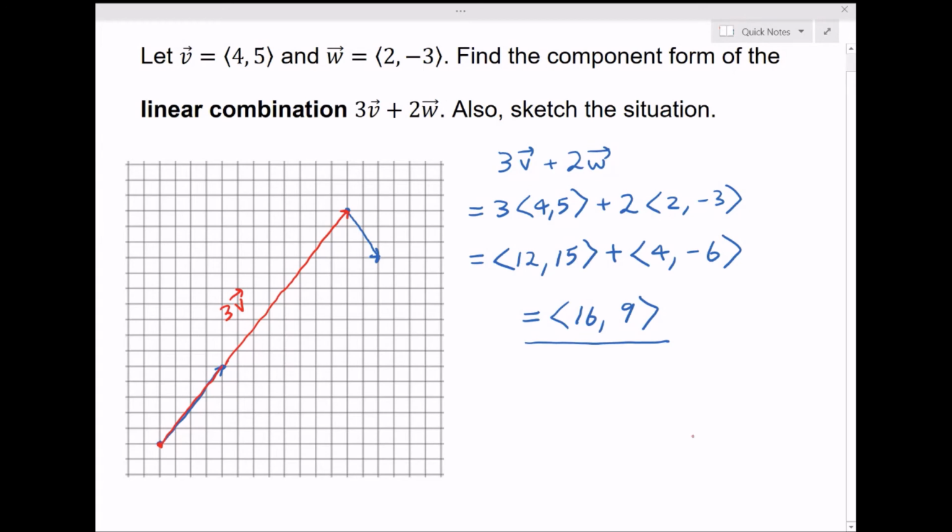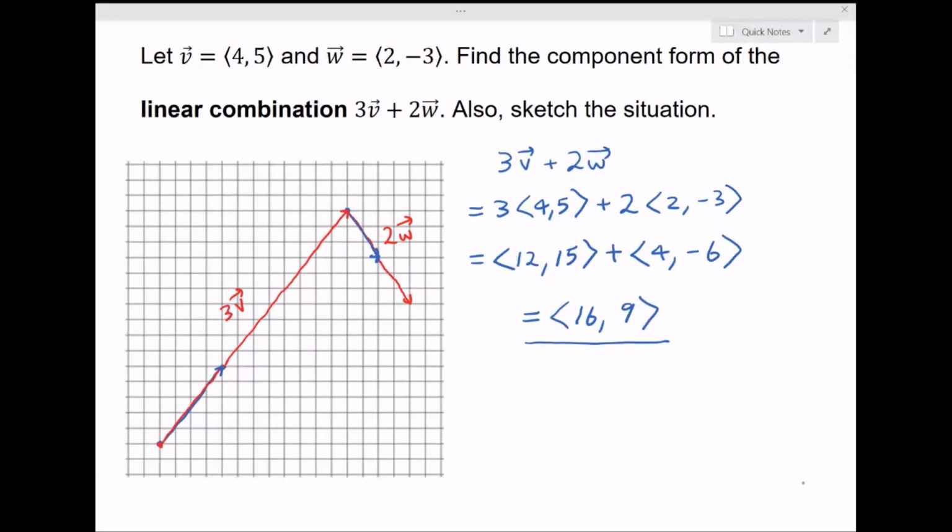But we aren't adding 1w, we're adding 2 w's. So instead of going over 2, down 3, we're going over 4, down 6, as in 2 of these, 1w, 2w. So this vector right here is 2w. And so we've got the two scaled vectors we're adding, 3v and 2w.